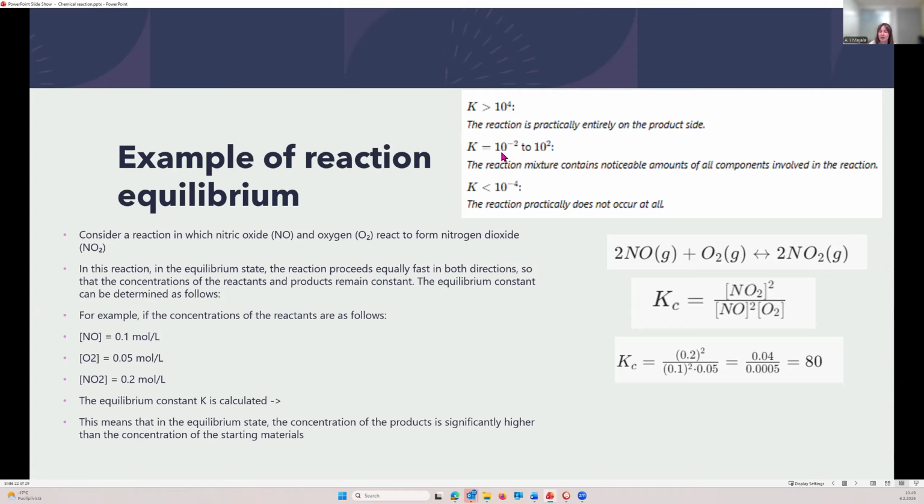But if it's from 10 to the power of minus 2 to 10 to the power of 2, which is 0.01 to 100, the mixture has everything there in the vessel. And then if it's less than 10 to the power of minus 4, there's no reaction at all. So you just end up having the reactants there in the vessel, no products at all.